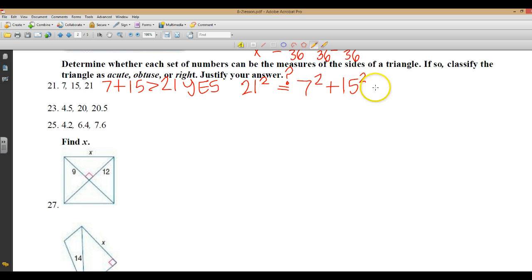So 21 squared, we have 441, and we'll see if that's equal to 49 plus 225, and the sum there is 274. And 441 is obviously greater than 274, so it is obtuse.